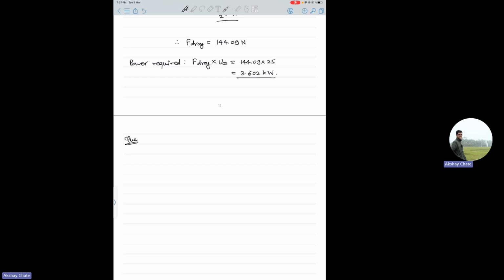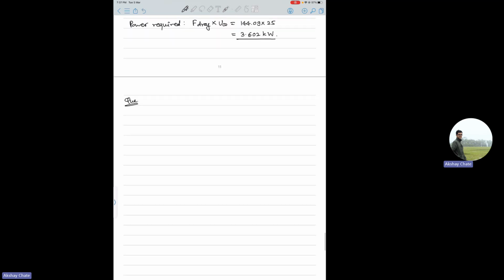So, there is a cylinder like this. Maybe my drawing is not that good, but let's assume it's a cylinder.